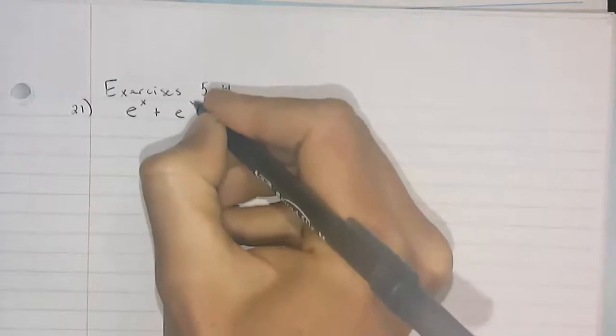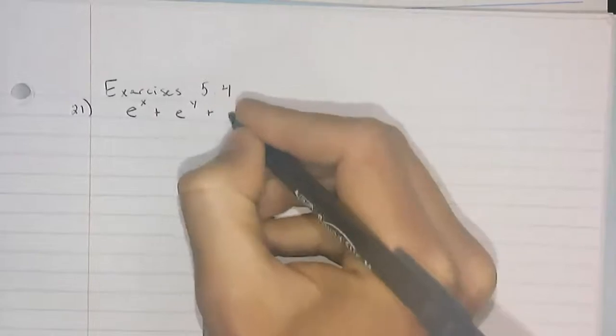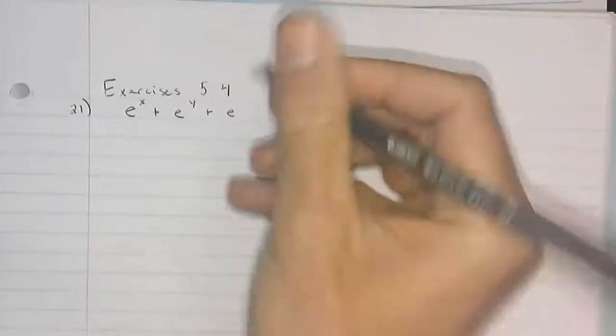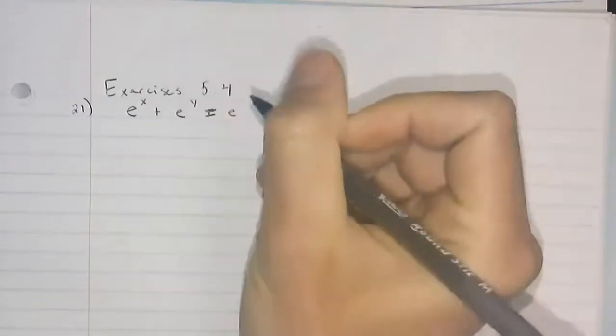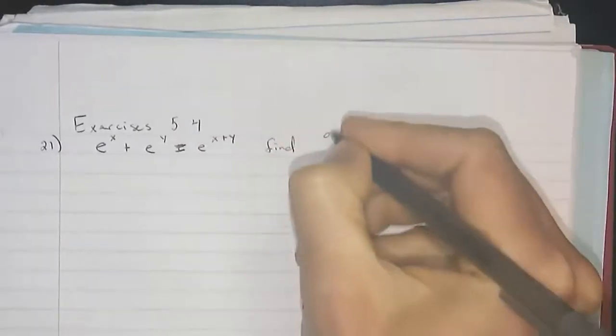What we're looking at is e to the x plus e to the y equals e to the x plus y. And they want us to find dy/dx.